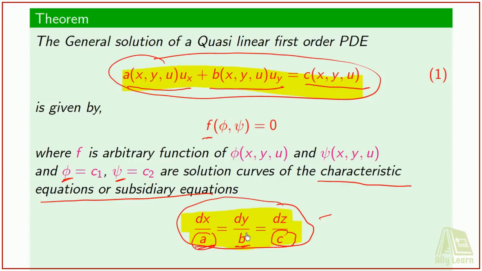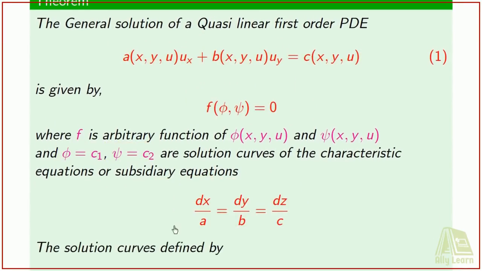Then we find two solutions of these equations, which are named phi and psi, and then any arbitrary function of phi and psi when equated to 0 will be the general solution of this first order quasi-linear partial differential equation.